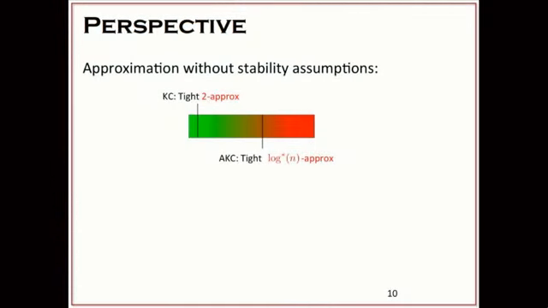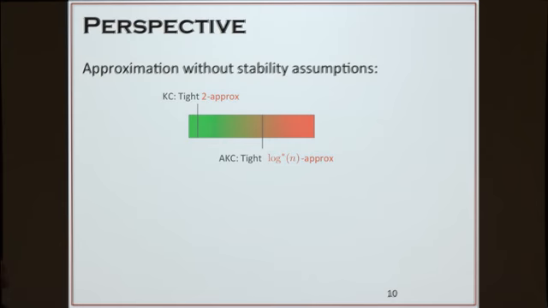To put into perspective what we're going to show, remember that before, if we don't have any stability assumptions, I said that there is a tight 2 approximation for K-center and a tight log star n for the asymmetric version of it.